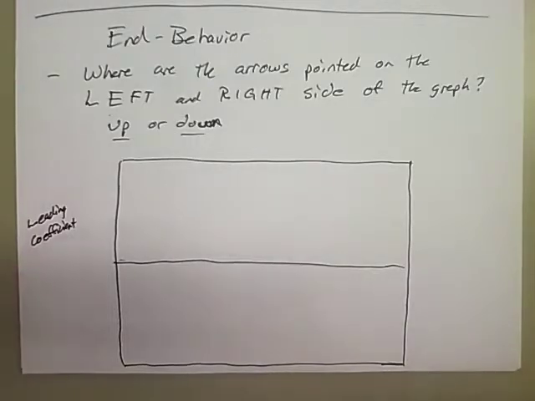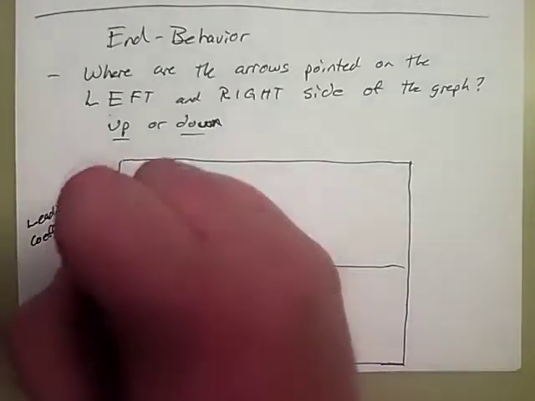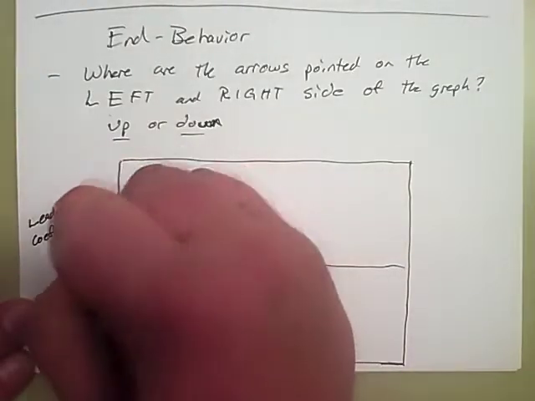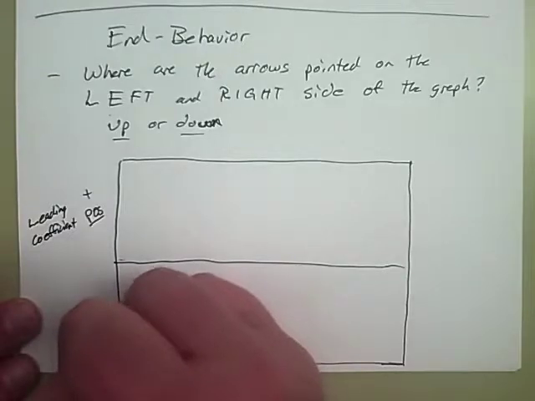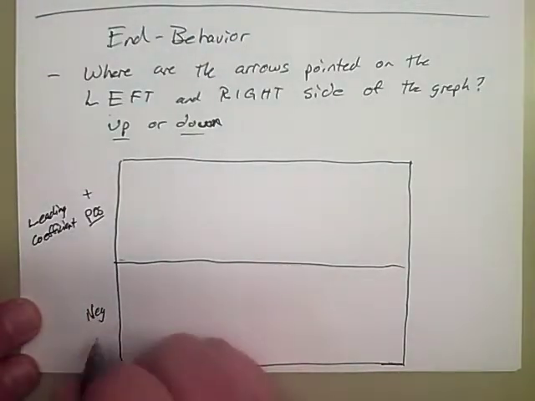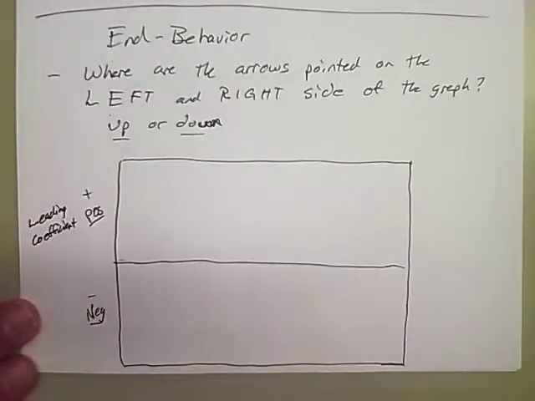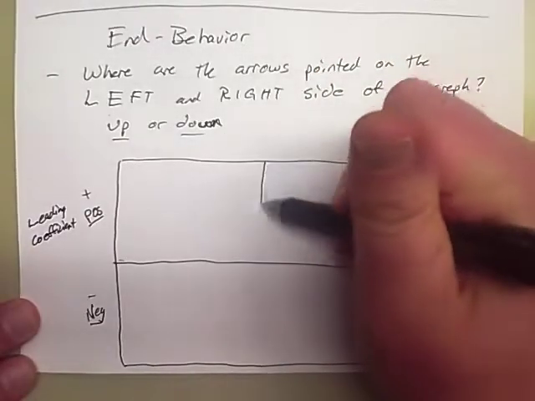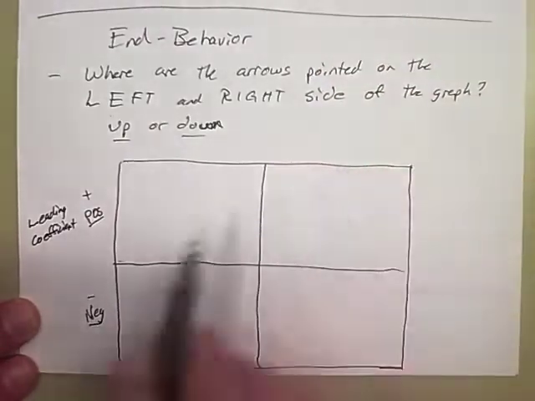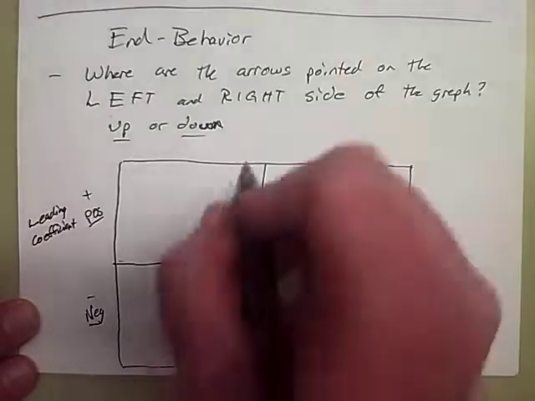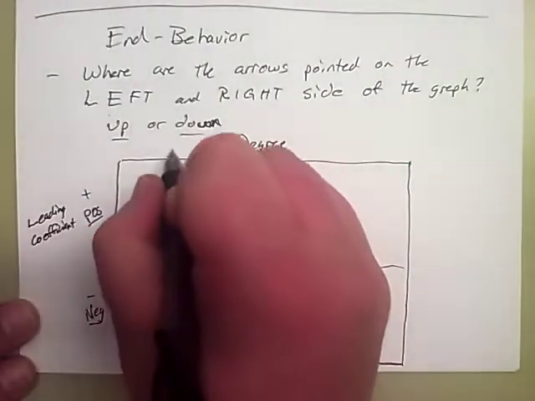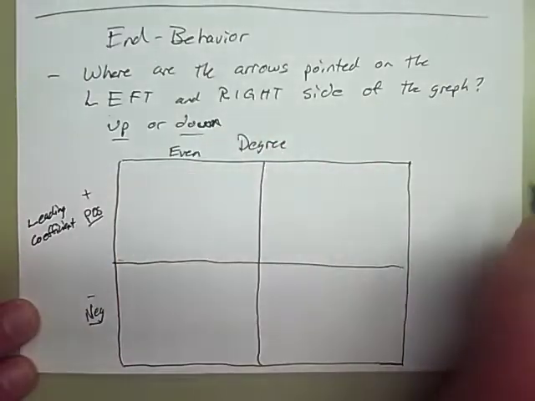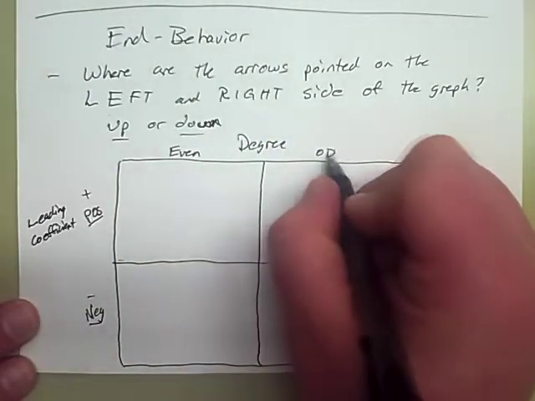Now there are 2 options for the leading coefficient. The leading coefficient can either be positive or negative. And there are 2 possibilities for the degree. The degree can either be even or odd.